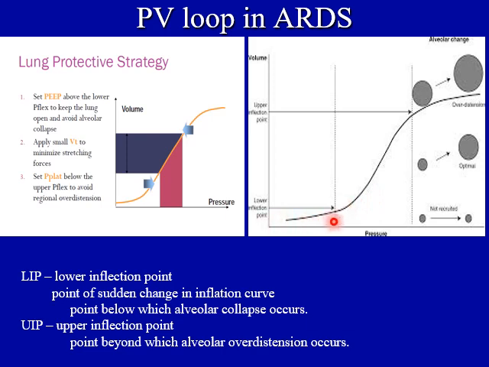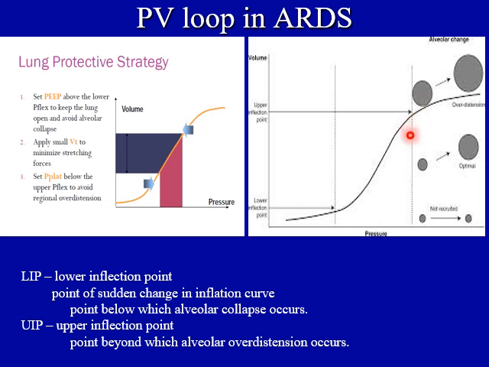Below this point there is collapsing of the alveoli. That means you have to keep your positive end-expiratory pressure above this lower inflection point. And what about this higher inflection point? Above this higher inflection point, there is very minimal change in the tidal volume, but the pressure rises very high. So above this pressure, barotrauma occurs, or more barotrauma occurs to the patient.